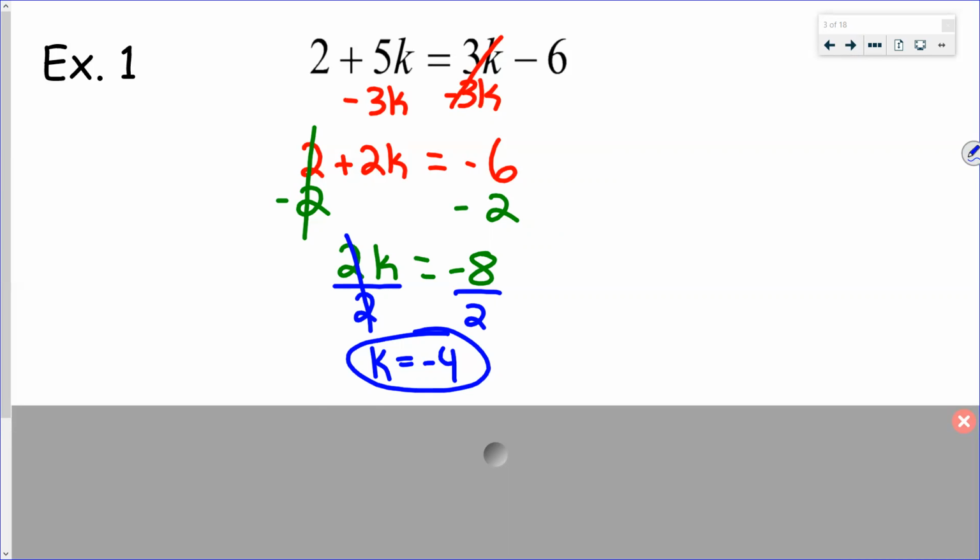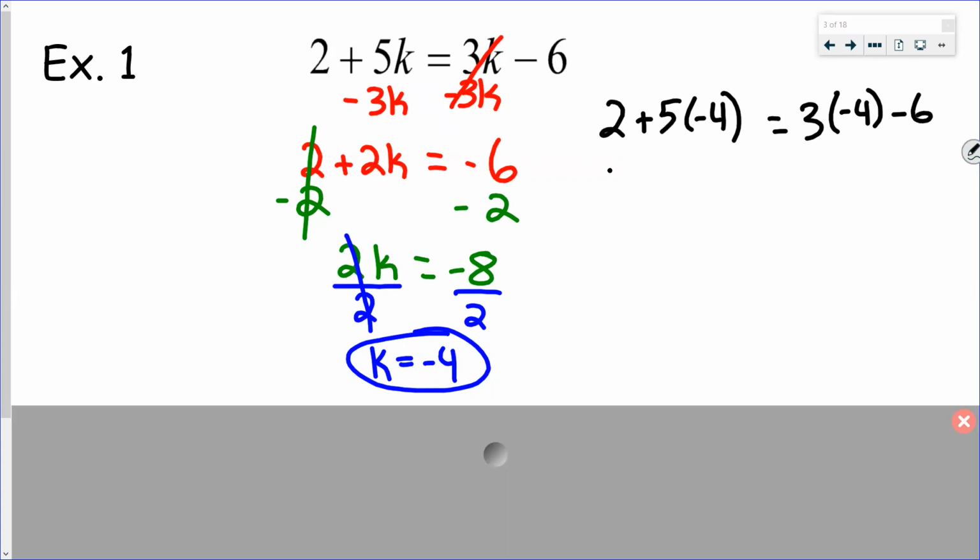So you see the steps are all the same. It's just like solving with a variable on one side, just now we've got a couple added steps and we've got to move the variable. We can always check by plugging in negative 4 back into our original problem. So I'd have 2 plus 5 times negative 4, and then on the other side, 3 times negative 4 minus 6.